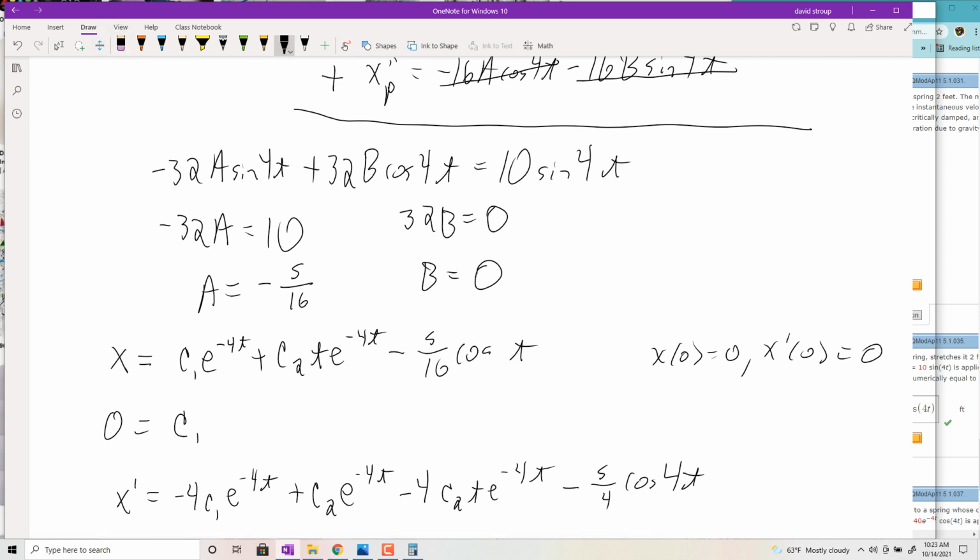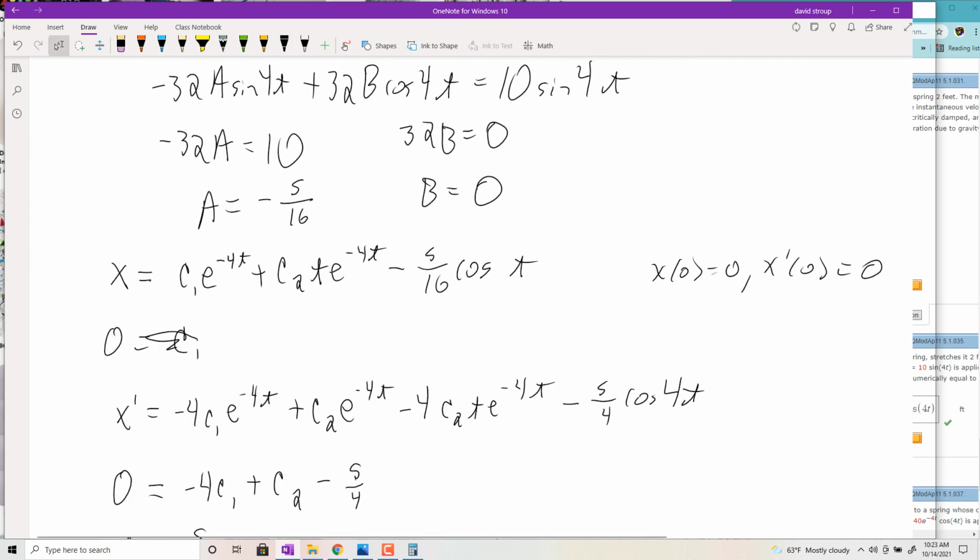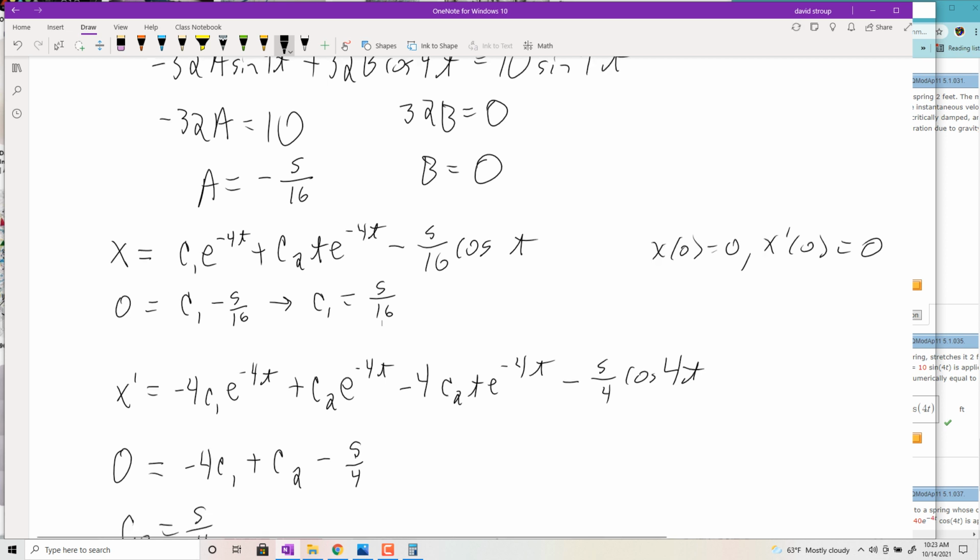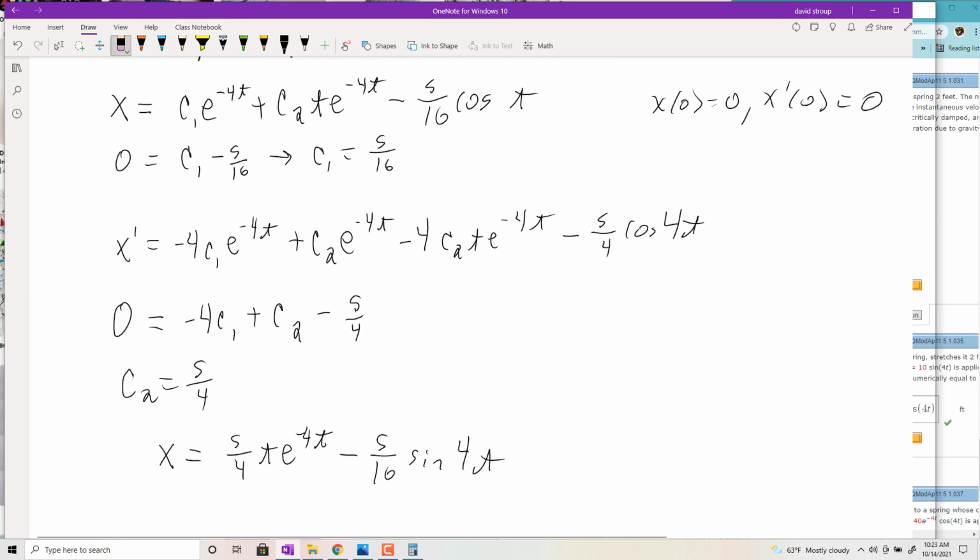So this is actually cosine of 4t, and then this will change this. So when you plug in 0, 0 equals C1, e to the 0 is just 1, minus 5/16. So that tells me C1 is 5/16. And then for the next one, this last term will be a sine term.